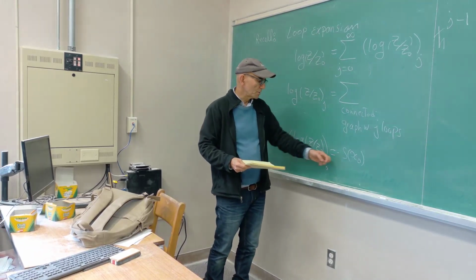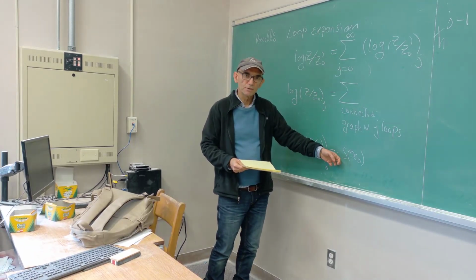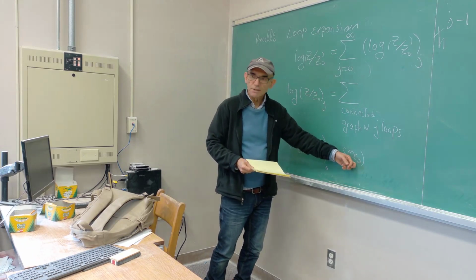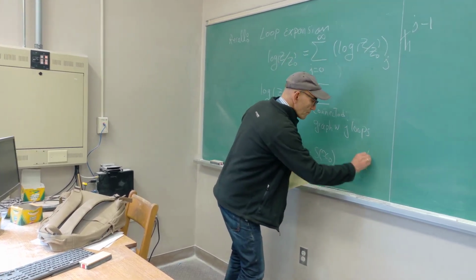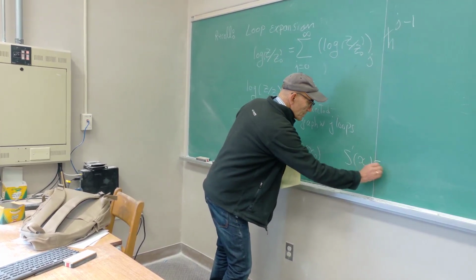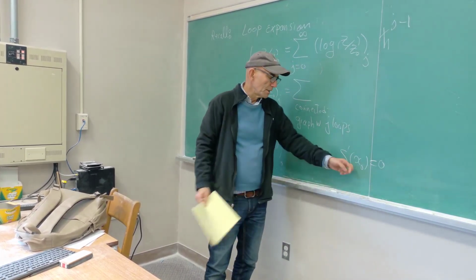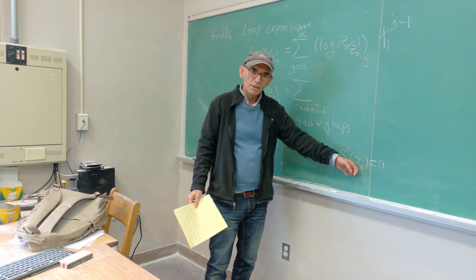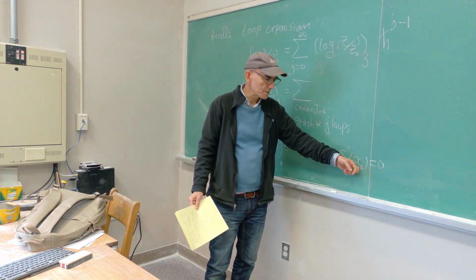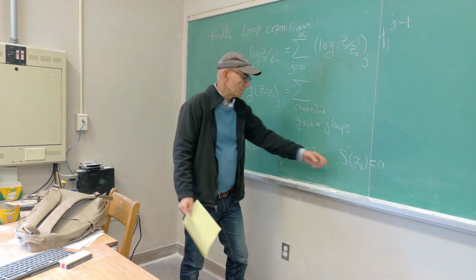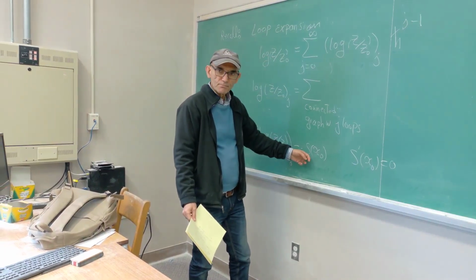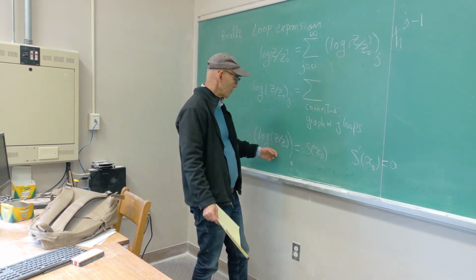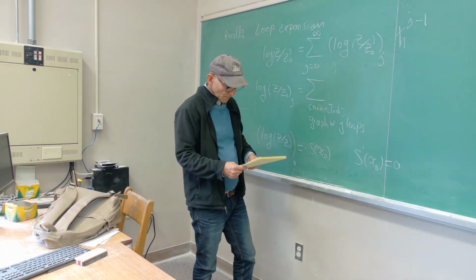So for this part, you actually don't have to do any calculation. x0 is the critical point of S, where S prime of x0 is equal to 0. So basically, these are the classical solutions, equations of motion. This is x0, this is a classical equation of motion, and this is the classical action. So summing over trees is classical.